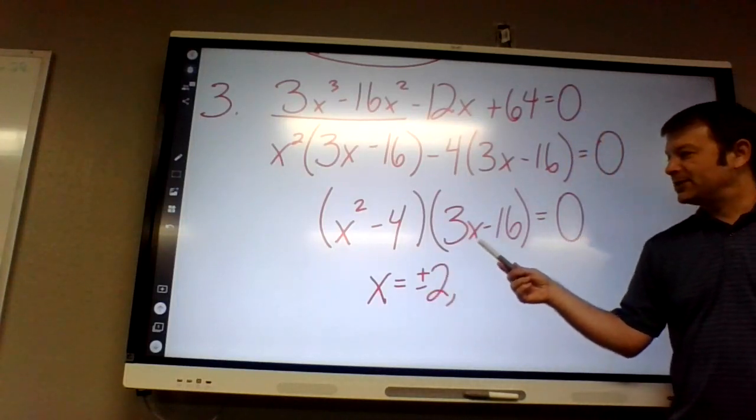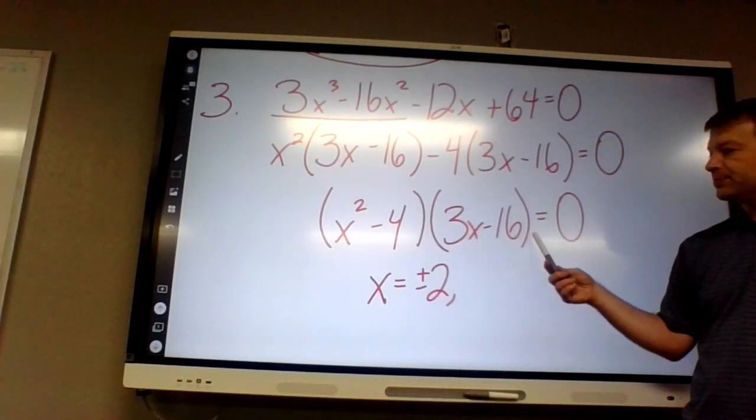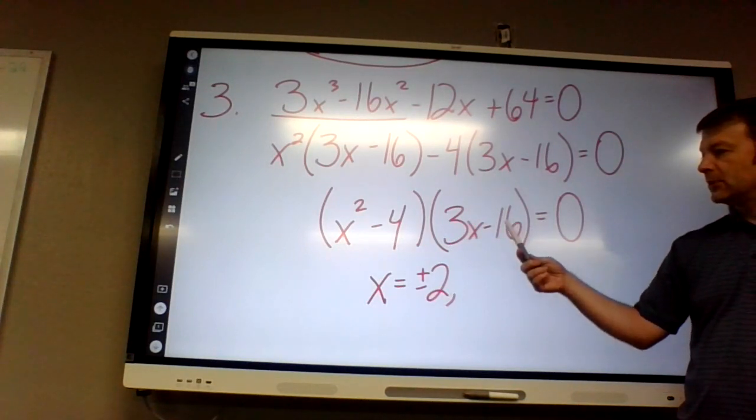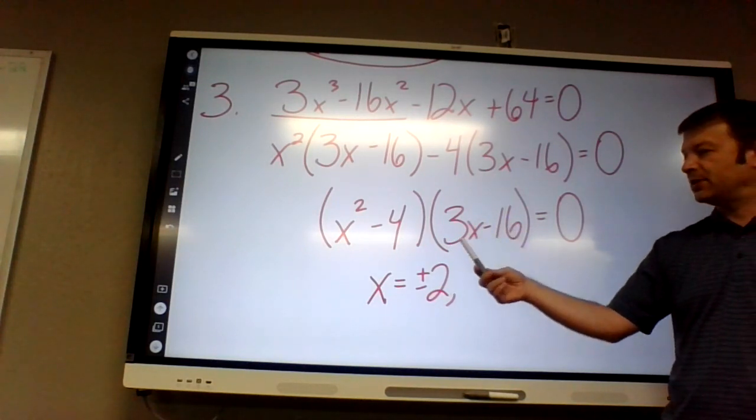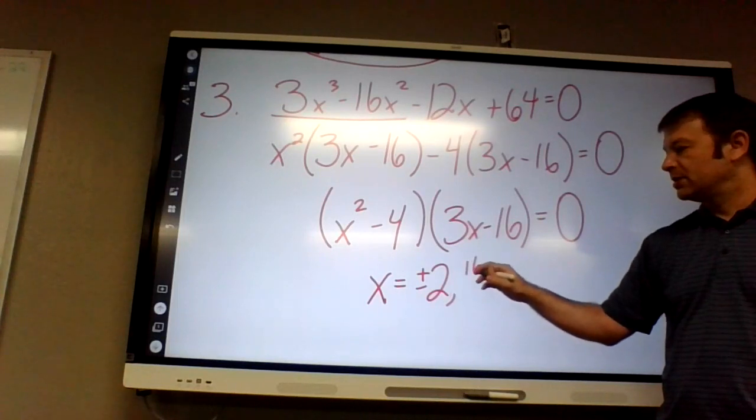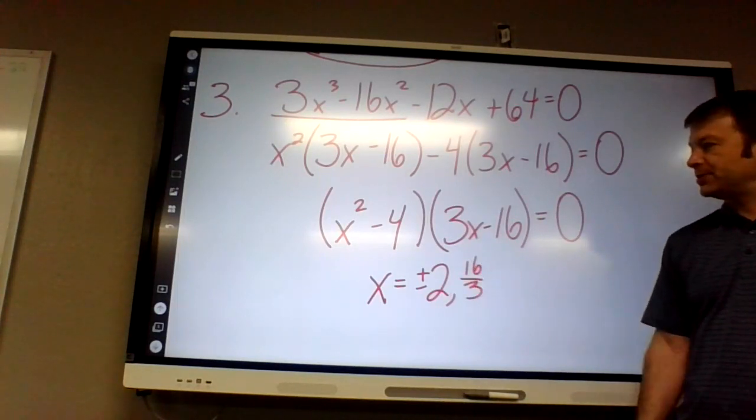What x value makes this factor 0? Right, positive 16/3. It's not an x squared, so we're just using the old tricks.